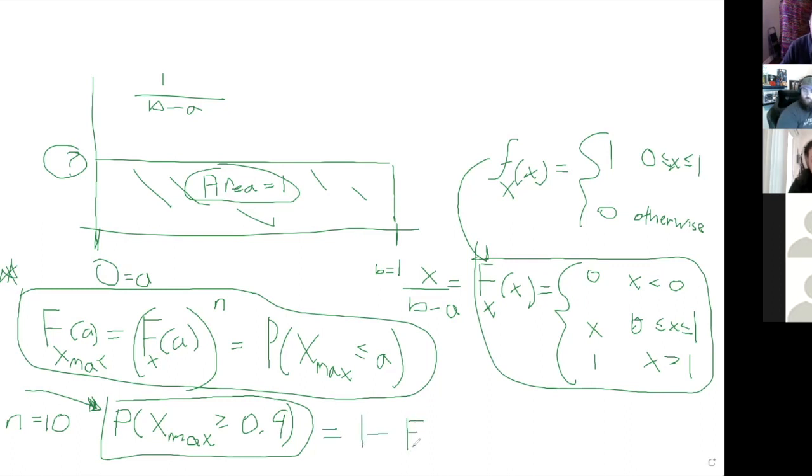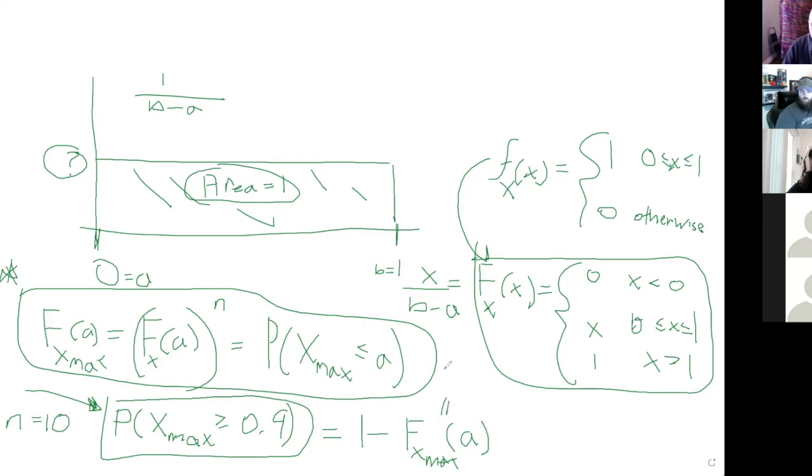Yes, that seems like a step in the right direction. This is asking me to calculate the probability that it's bigger than 0.9. However, the formula that we talked about in the previous problem is useful to calculate the probability that x max is less than or equal to something. So let's calculate the complement: the probability that the maximum value is less than 0.9, and then subtract that from 1.